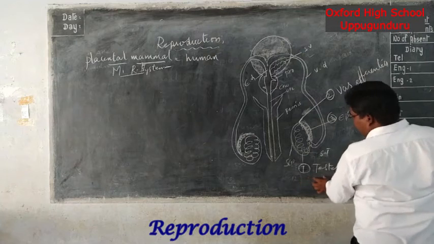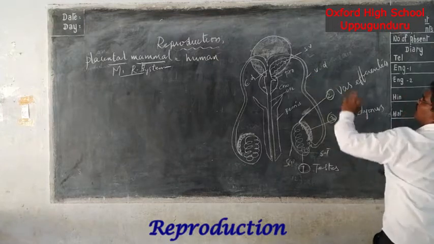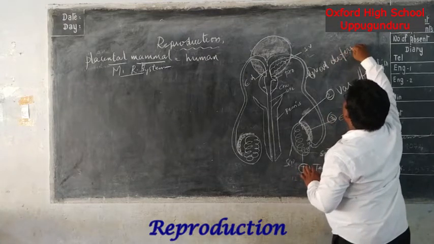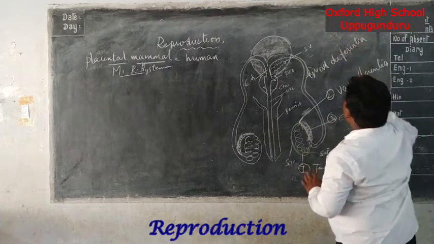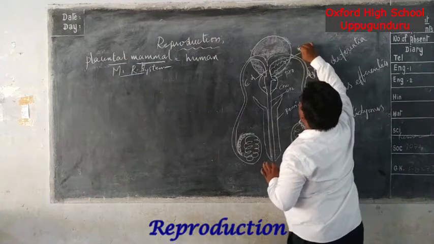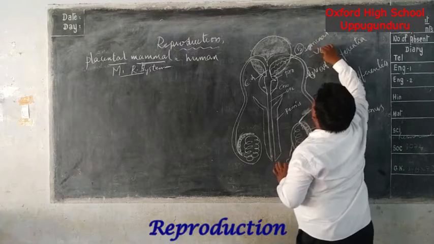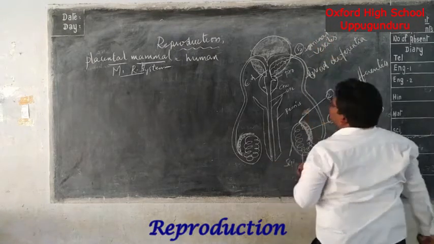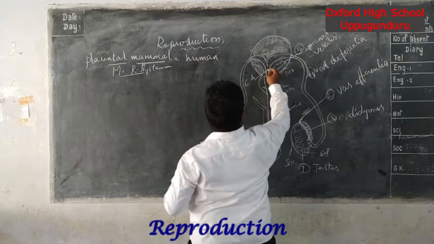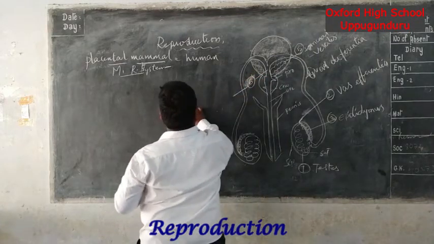A pair of testes. Second point, vas afferentia. Third, epididymis. Fourth, vas deferens. Fifth, seminal vesicle. Sixth, ejaculatory duct.